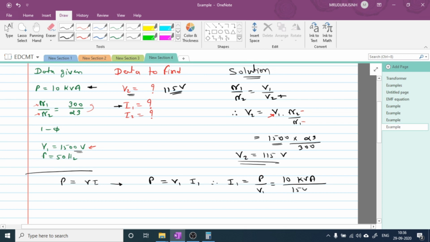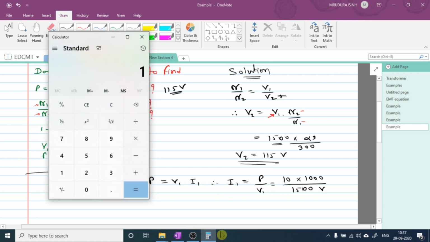So it's 1500. But just imagine that this 1500 is in volts and this power is in 10 kVA, in kilovolts ampere. So what we need to do, we need to convert this kVA into VA, and for that we need to multiply it by 1000.